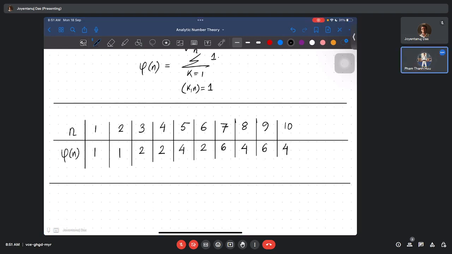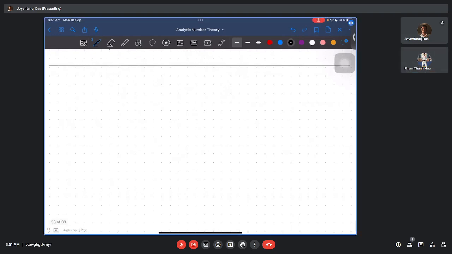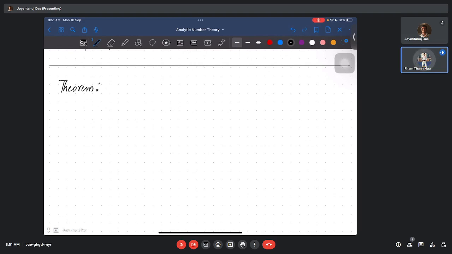Since prime numbers are infinite, prime numbers can be large. So for large prime numbers, phi of n will also be large.